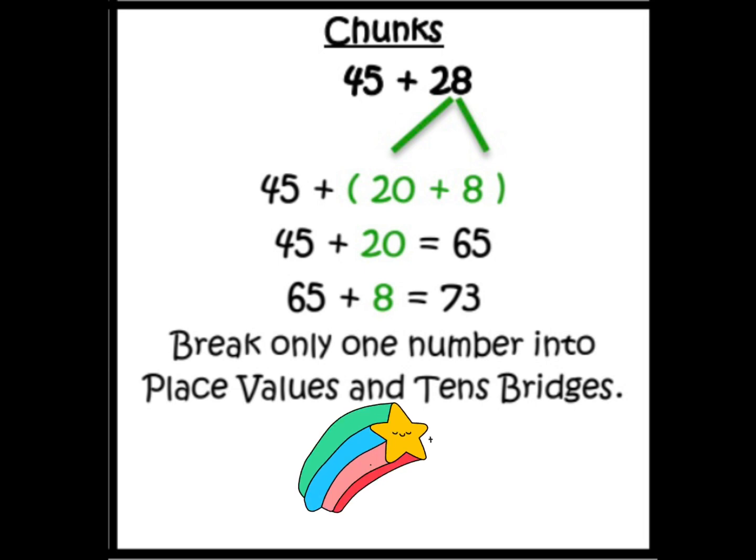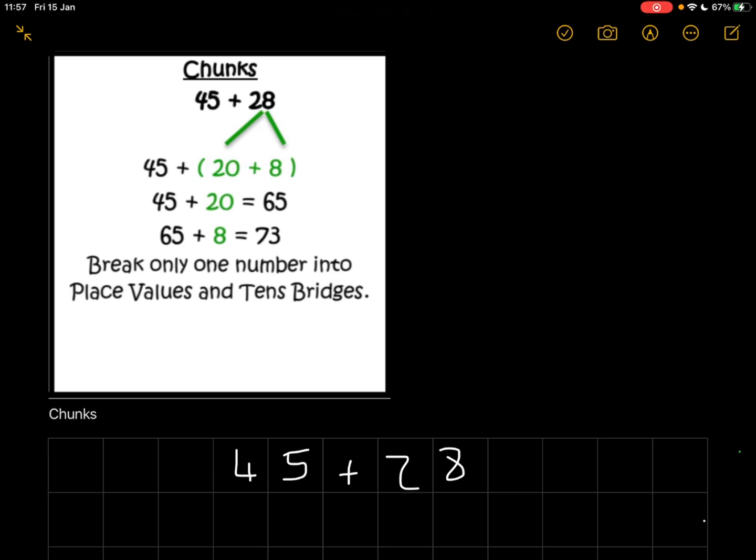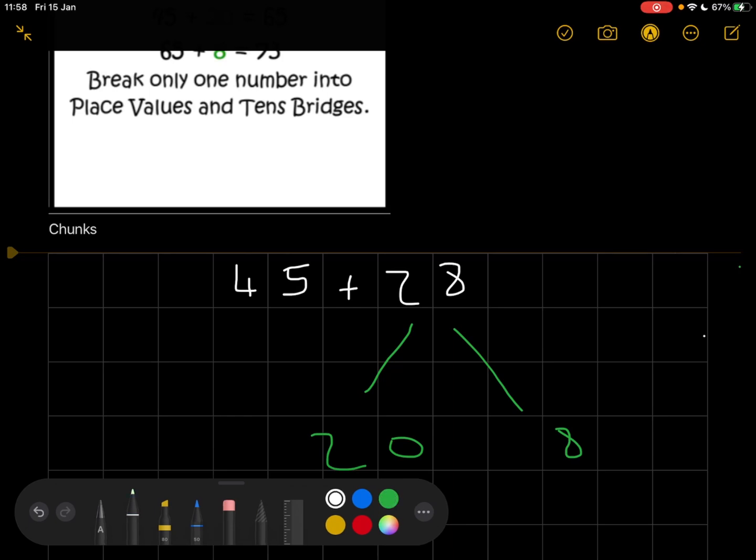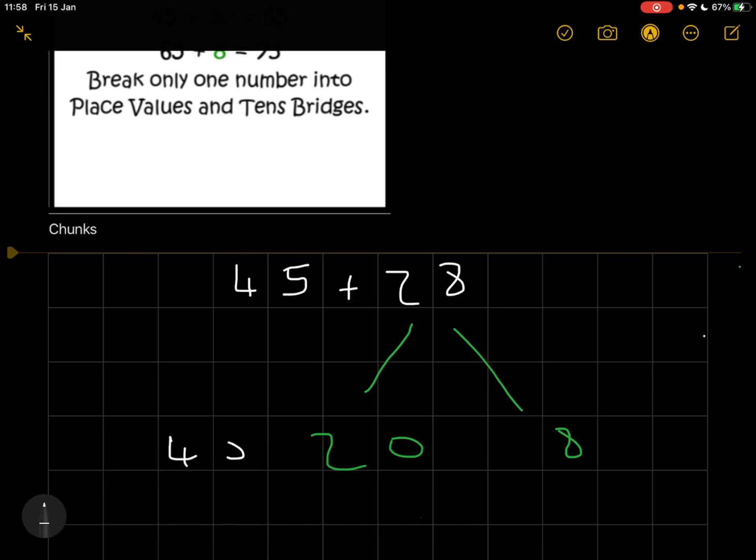Chunks. Break only one number into place values or tens bridges. This is where I'm going to partition just one of the numbers into either the place value units or some other tens bridge. So I'm going to break apart 28 into 20 and 8, which means I have 45 add 20, which gives me 65.